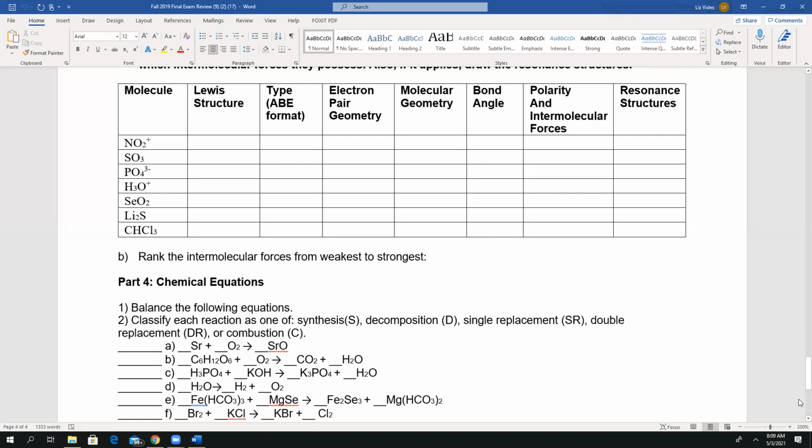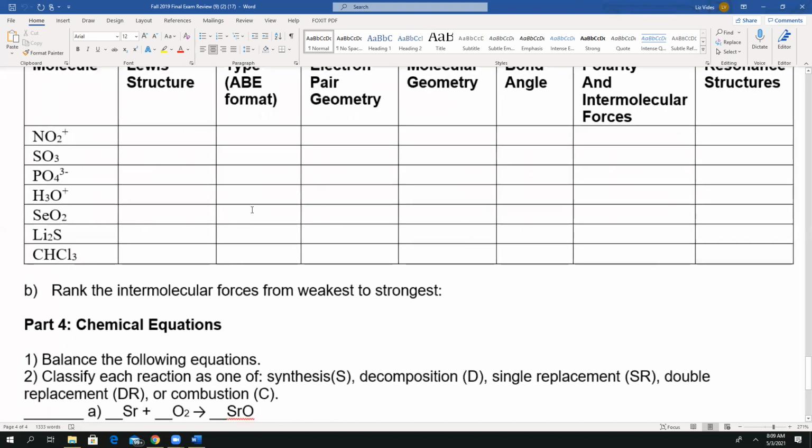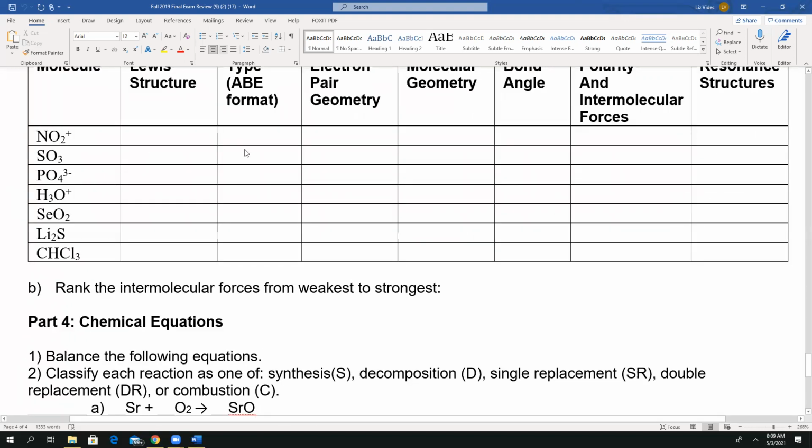Okay. So we're going to do this part. I said I'm only going to do 4 of these, and the rest are yours. For this one, the very first thing to do is do the Lewis structure. So I'm going to do that, and then I'm going to erase it because I don't need the space, but we can annotate from there.